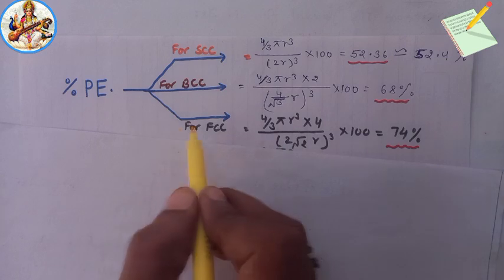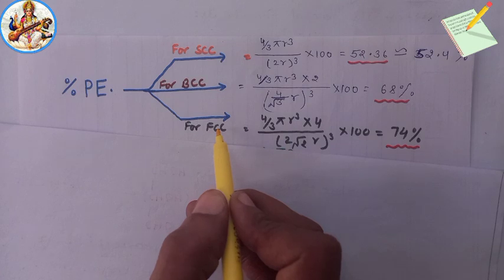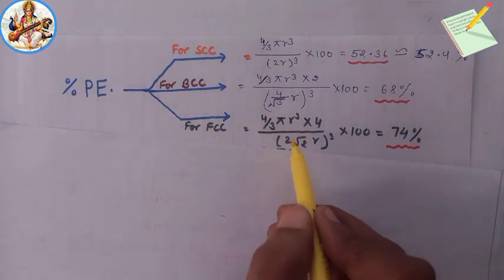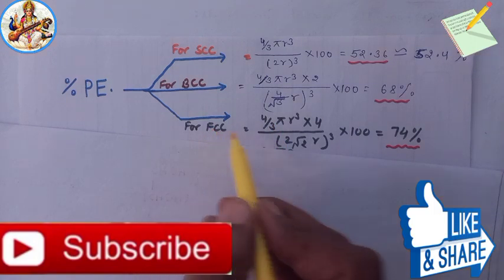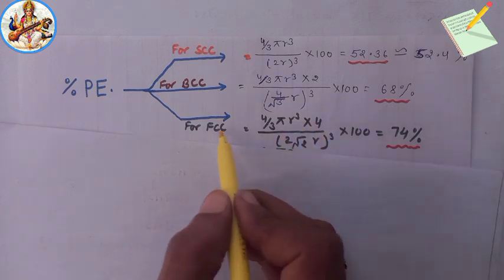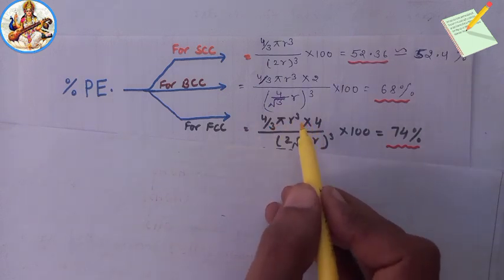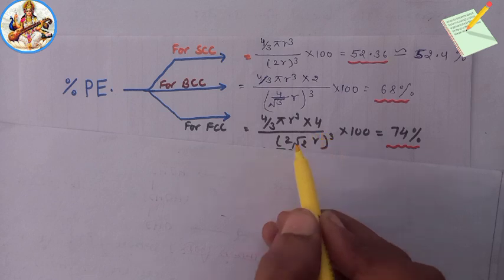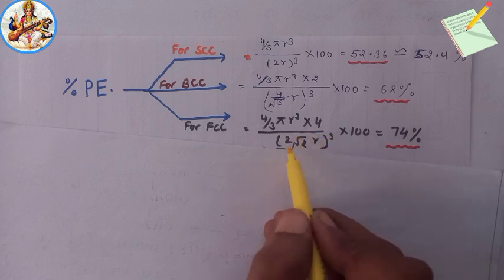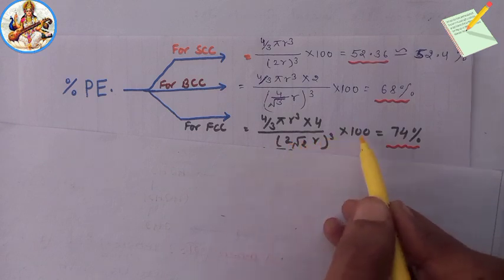And for FCC or CCP or HCP unit cell, percentage packing efficiency is equal to, we know that in FCC unit cell there are 4 particles present per unit cell. Therefore, volume of particles in unit cell is equal to 4 by 3 pi r cube into 4 divided by total volume of a unit cell in FCC, (2 root 2 r) cube, into 100.